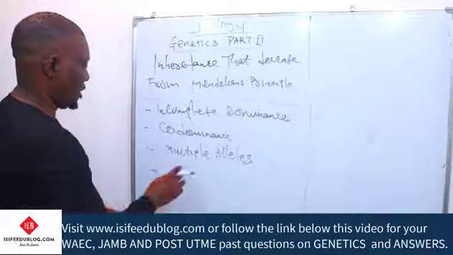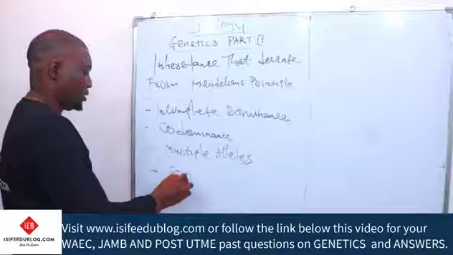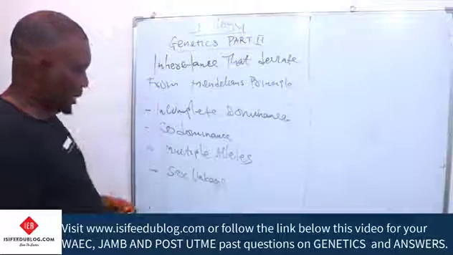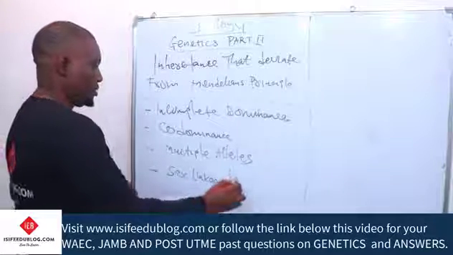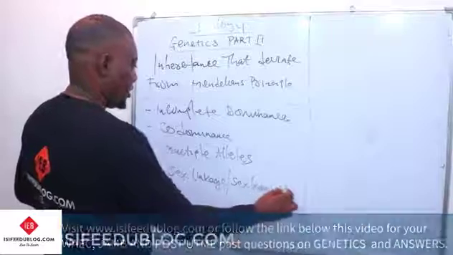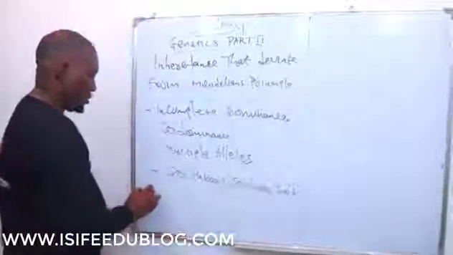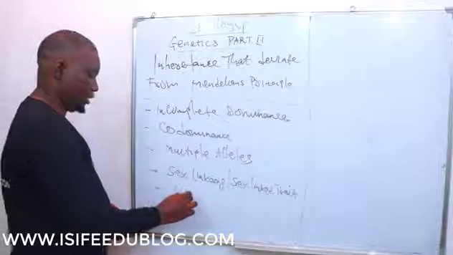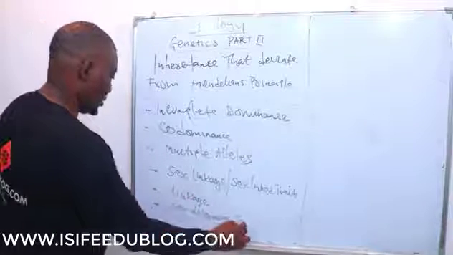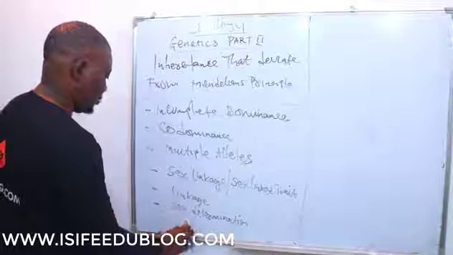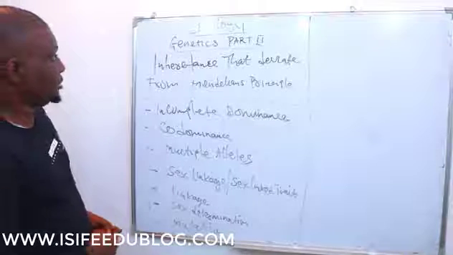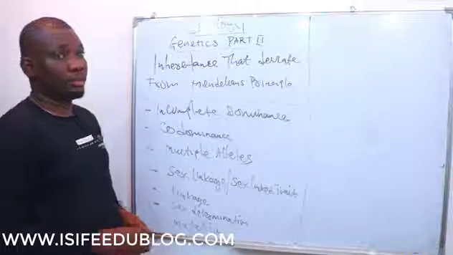We also look at sex linkage, or sex-linked traits. And we'll look at linkage. We look at sex determination, and then finally mutation. That is the list of inheritance that deviates from Mendel's principle.